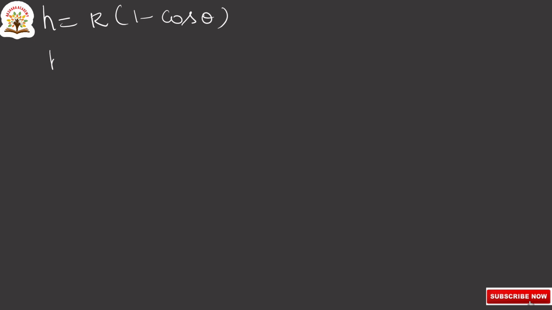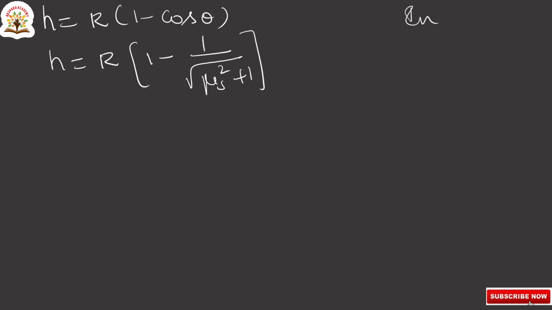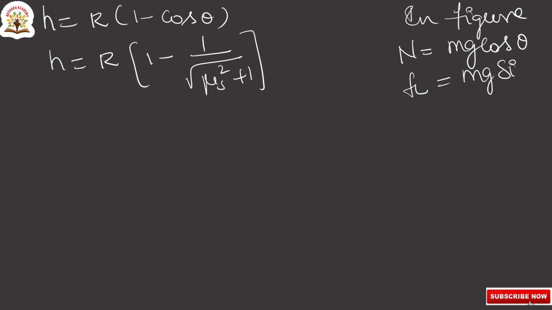So h is equal to r into 1 minus cos theta, which is 1 by under root of mu s square plus 1. Here in the figure, N is equal to mg cos theta and FL is equal to mg sin theta. So tan theta is equal to FL by N, so mu s is equal to tan theta.